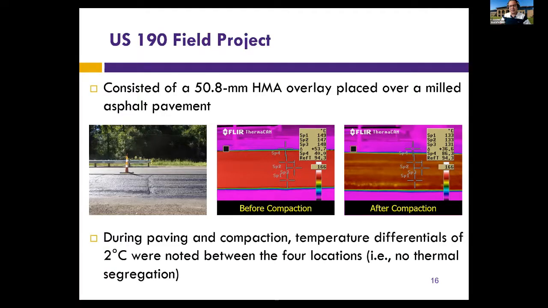We found that there is really no thermal segregation issue in this project. Generally speaking, the difference was not more than 2 degrees Celsius, so that means that there is no thermal segregation in this project.